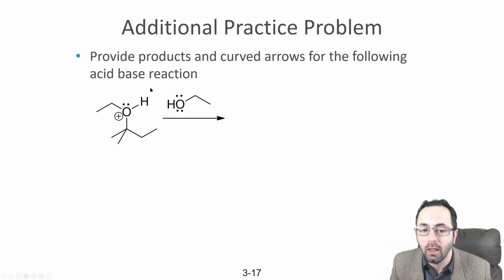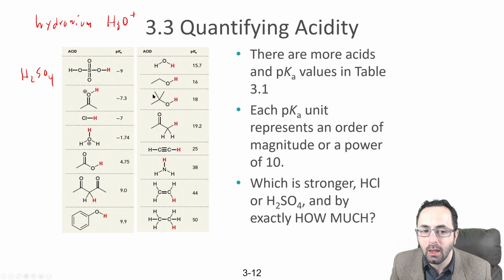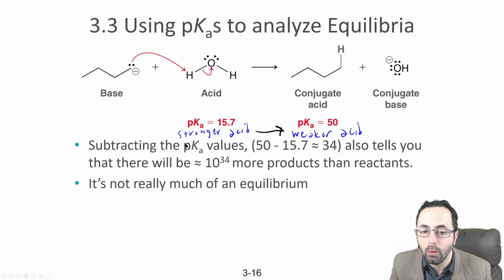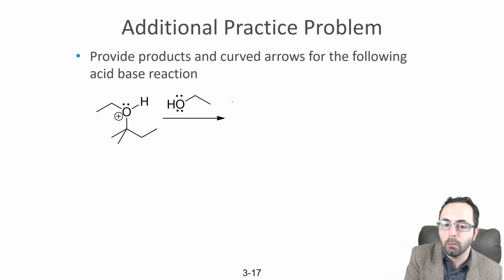We'll see that this on the left is a very strong acid. If we look at the patterns in this pKa chart, it is quite a lot like hydronium. It has an oxygen with a hydrogen attached and a positive formal charge. Very acidic. And so it's going to behave as the acid, and the alcohol here will behave as the base.